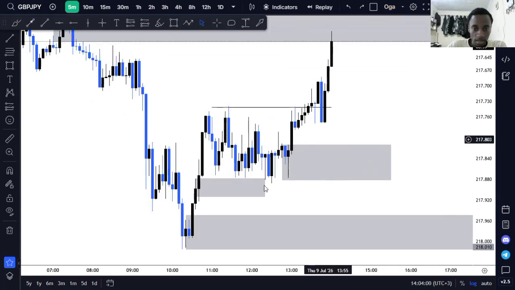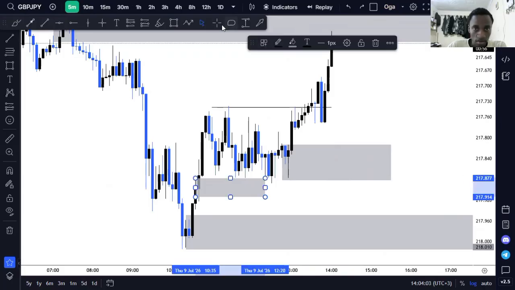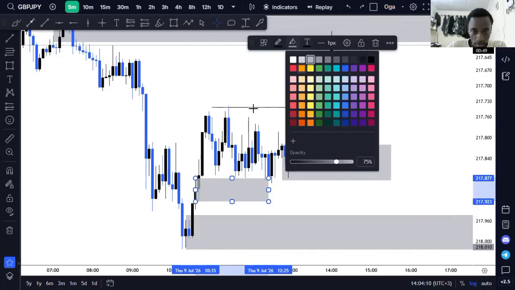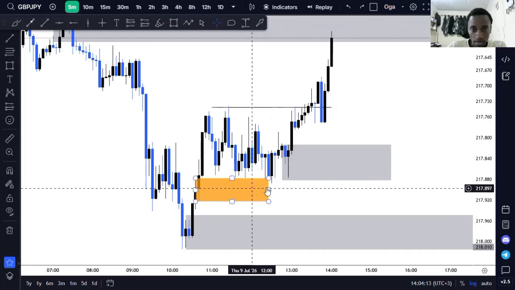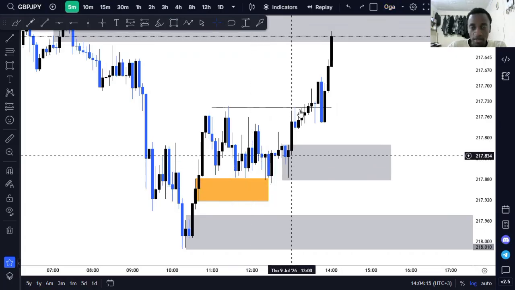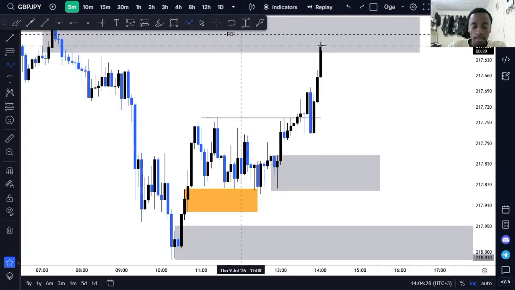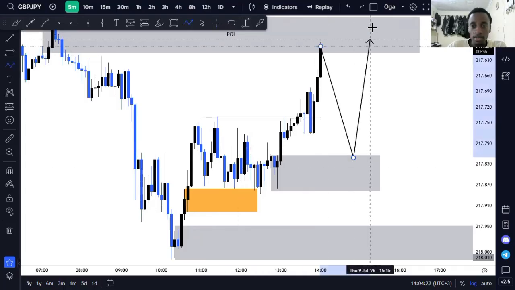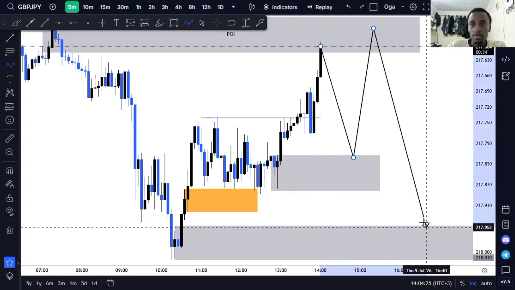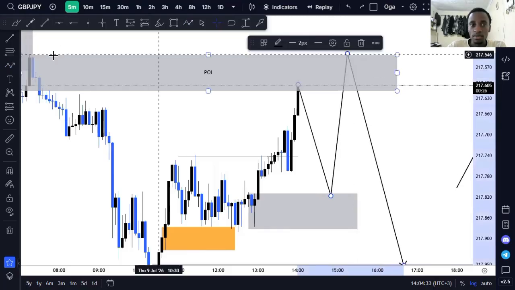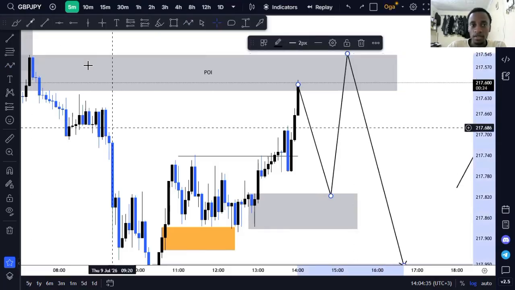But you can see after reacting to this zone, the one I've just marked, it has created some liquidities and left them untapped. So it could even do this pullback and take it out first and then later continue the move, or just pull back and move to take out this, I should call the high for now, because I've inverted the chart.